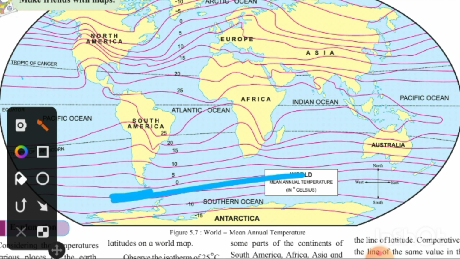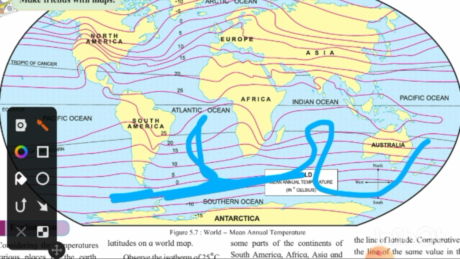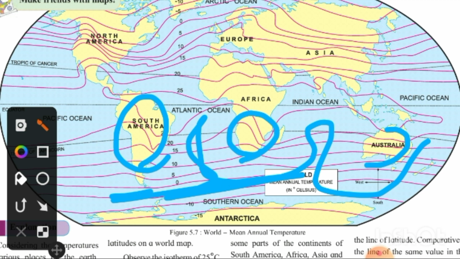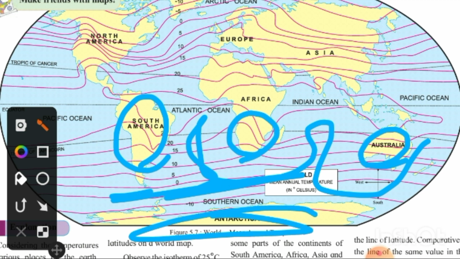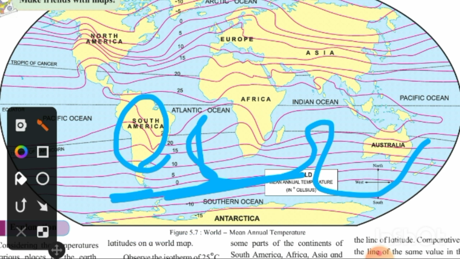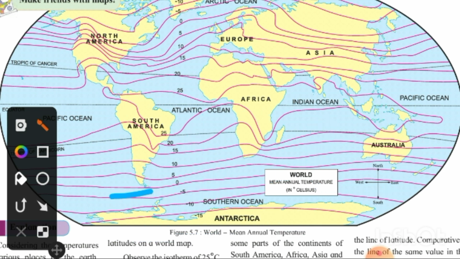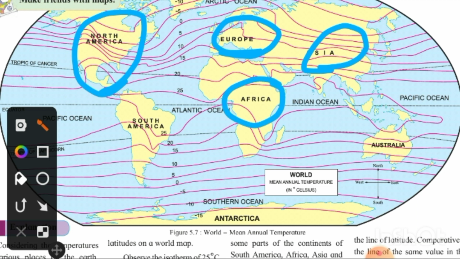All this part is an ocean, and there are continents, some part of South America, some part of Africa, some part of Australia, and Antarctica. So these are the continents in the southern hemisphere, but in the northern hemisphere the continents are comparatively larger, so there is a larger part of land in the northern hemisphere. That's the reason the major part passes through the northern hemisphere.